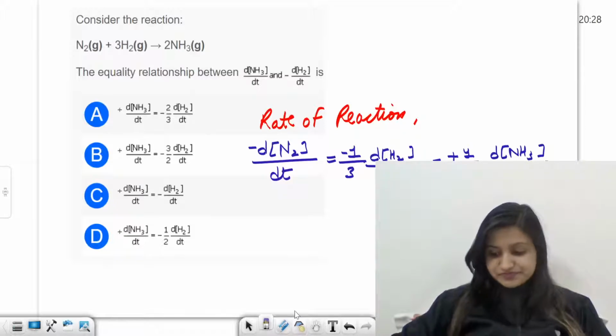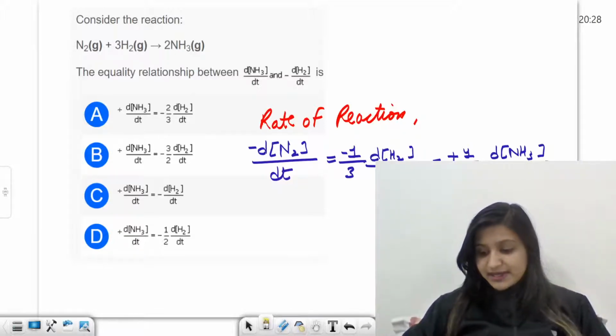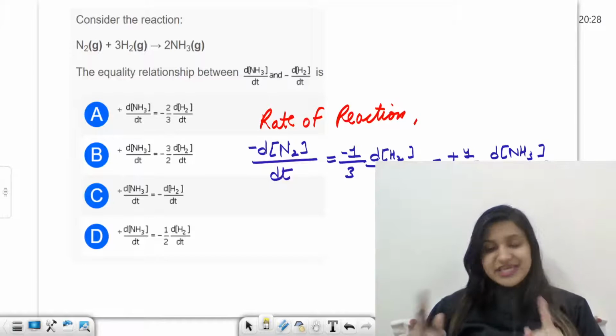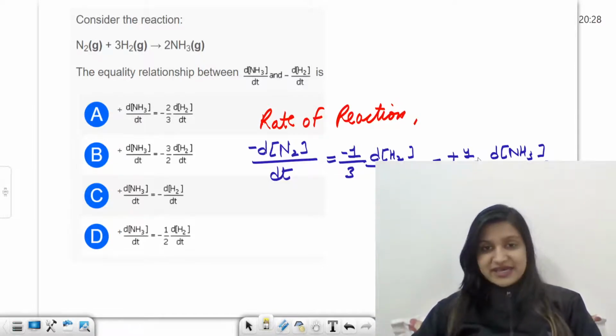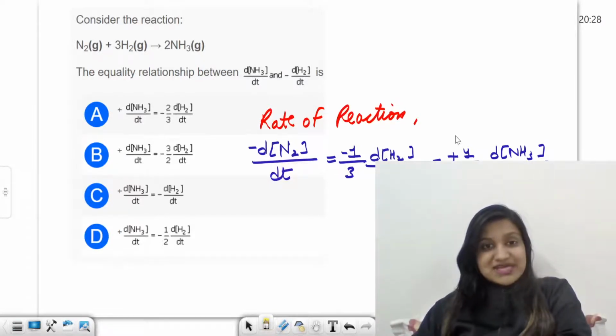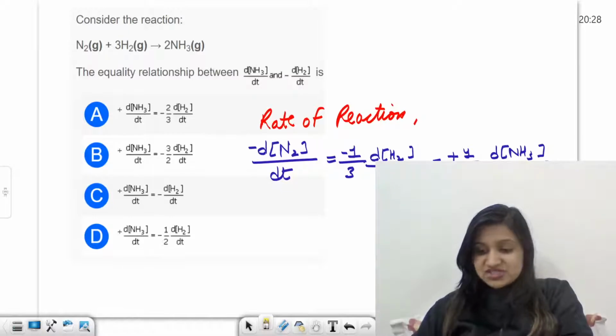Now let's look at between which we have to tell the relation. We have been asked to tell the relationship between dNH3 by dt and minus dH2 by dt. So we can say that dNH3 by dt is equal to what?